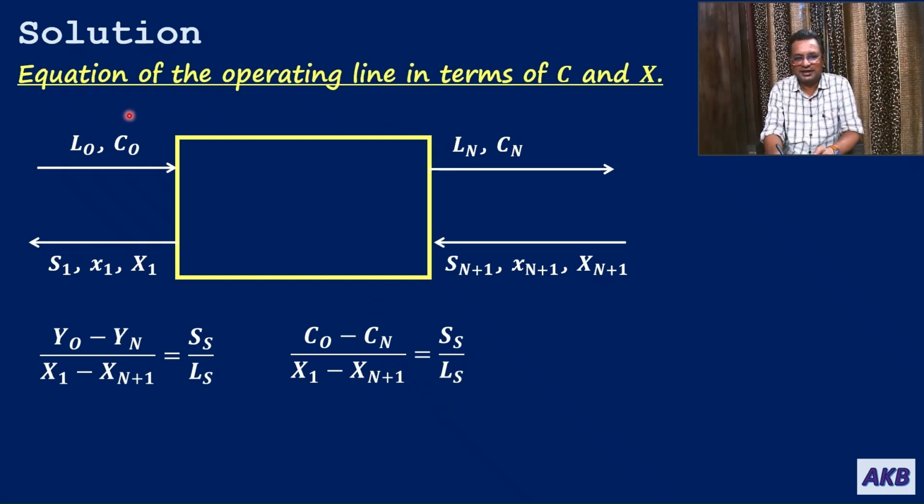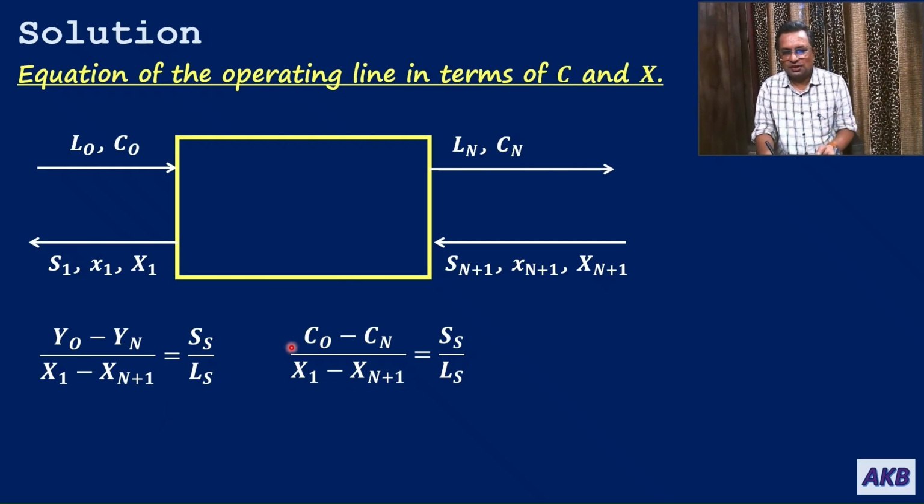So if you write the solute material balance and express it in terms of concentrations on solute free basis, you are going to get this equation. In order to get this equation, you can follow a procedure similar to the one that was used in getting the earlier equation. I have derived it in my discussion on theoretical aspects of the multi-stage counter current operation. Please watch that video.